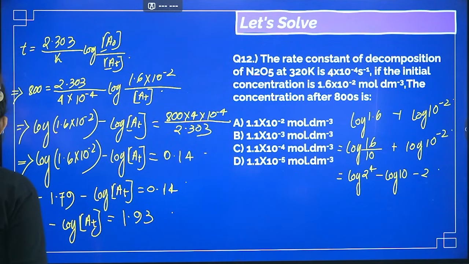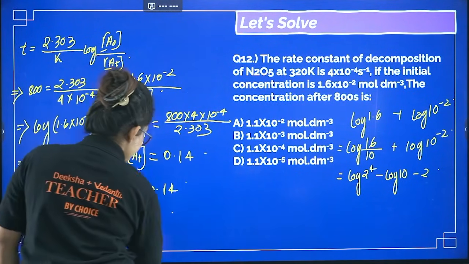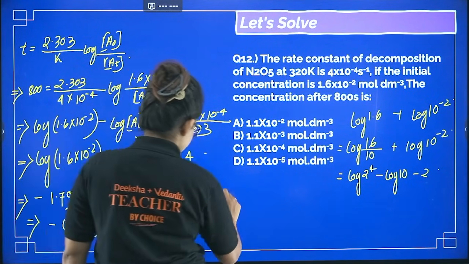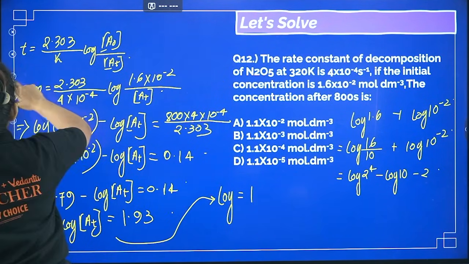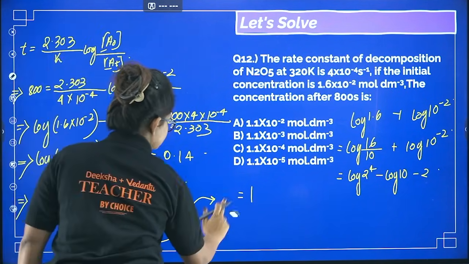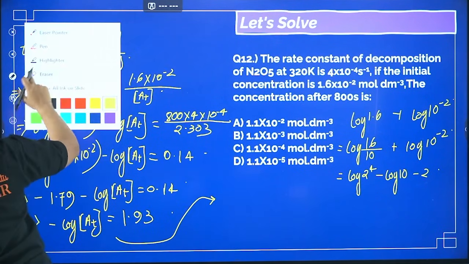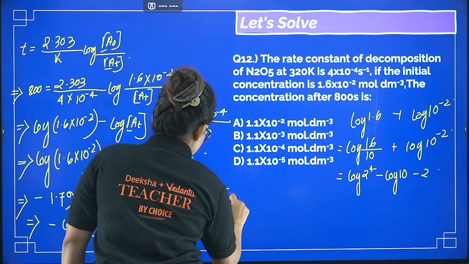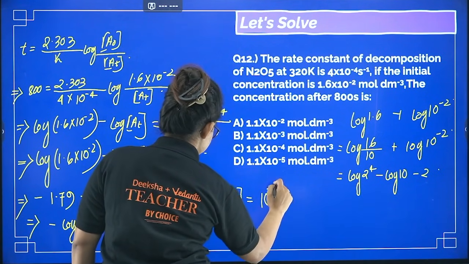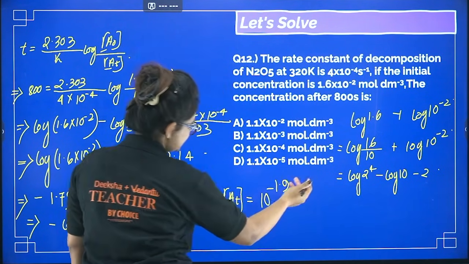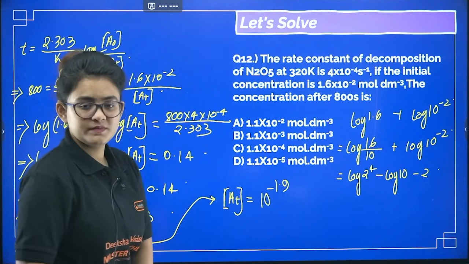Now if you have to do anti-log, how should I do anti-log? That also I am telling you the trick. 80 is basically equal to 10 power minus 1.93. You can just take 1.9 as a simple value.